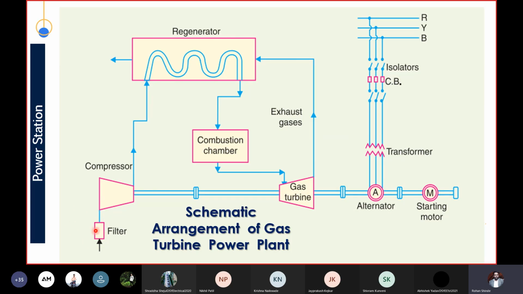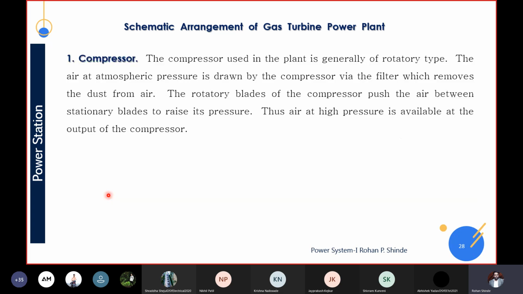For that purpose filters are used. The filter removes dust from the air.